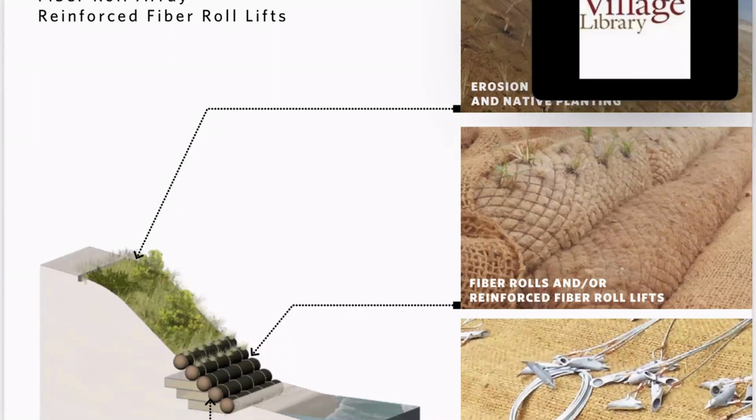Sand can pass through those roughly half-inch holes in the biodegradable blankets. When you put a fiber roll in, you really slow that passage of sand, but still make it very suitable for plant growth, and it also creates a lot of integrity for the design. So we tend to use that belt and suspenders approach with both the envelopes or lifts and the fiber rolls when we're into our highest energy sites.